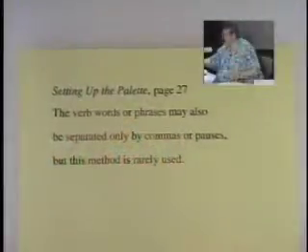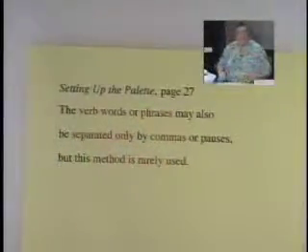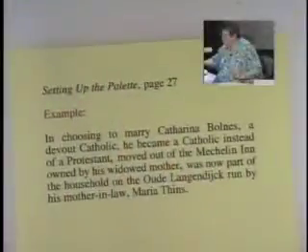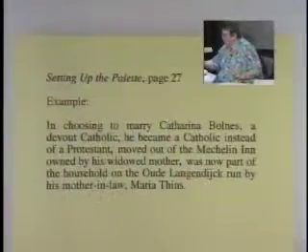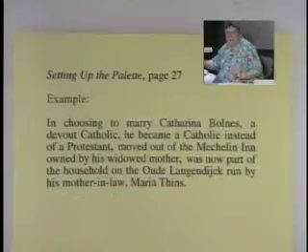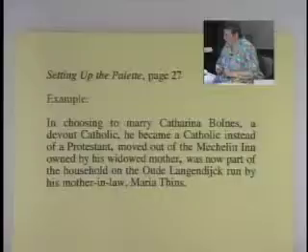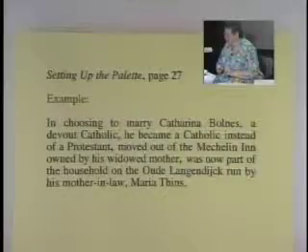Last rule: the verb words or phrases on page 27 may also be separated only by commas or pauses, but this method is rarely used. So let's take a look at this example. In choosing to marry Katerina Bones, a devout Catholic, he became a Catholic instead of a Protestant, moved out of the Mechelen Inn owned by his widowed mother, was now part of the household on the old Langendijk run by his mother-in-law, Maria Thins.